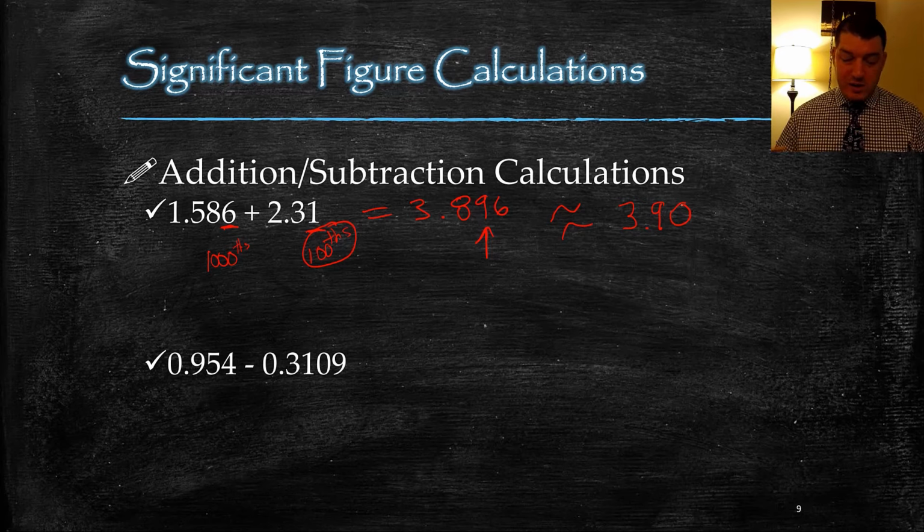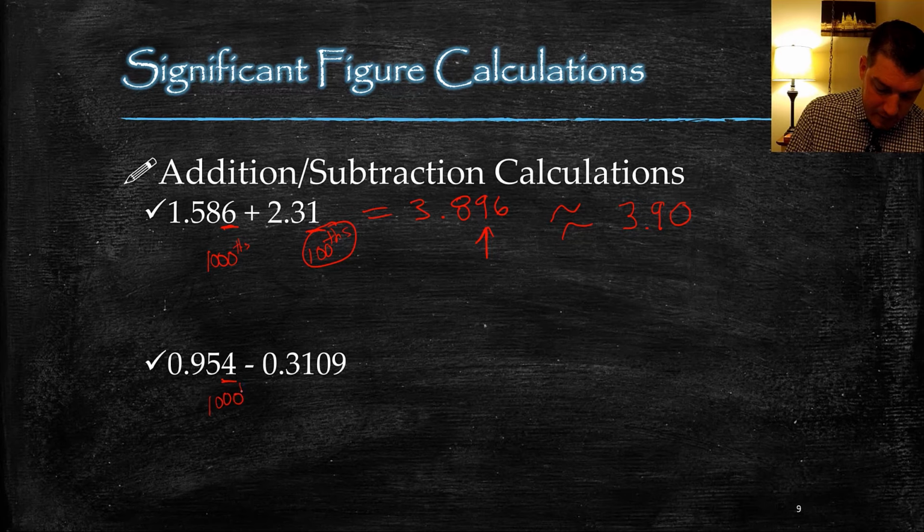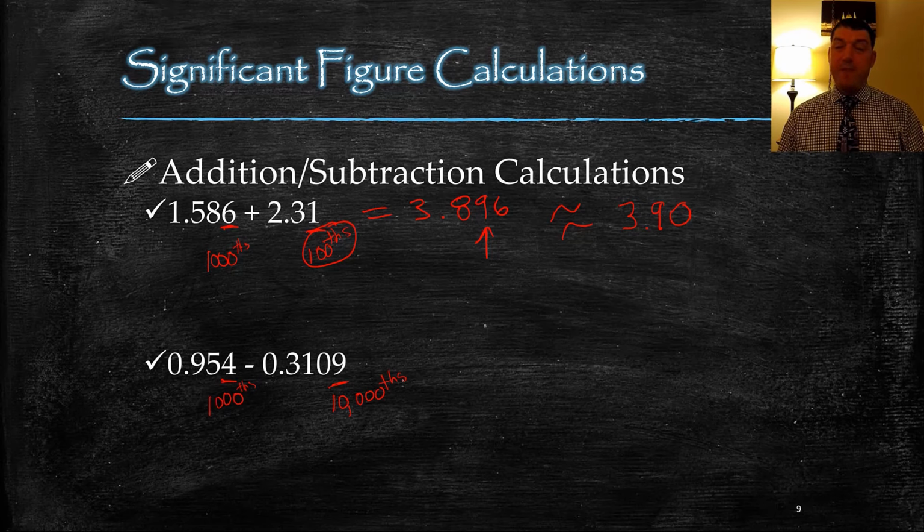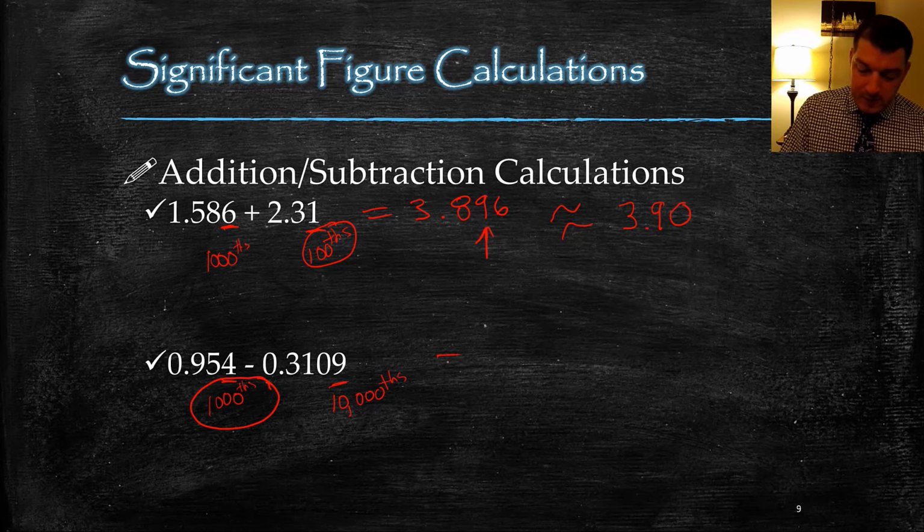When we're doing subtraction, we apply the same rule. Here we have thousandths place. Here we have the 10,000ths place. Thousandths is larger than 10,000ths, so that's going to be where we round to.